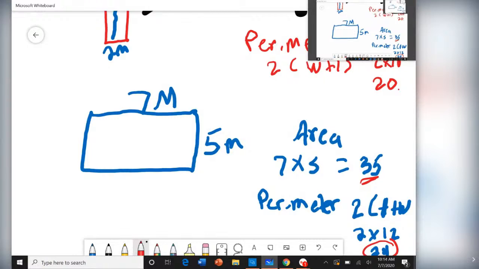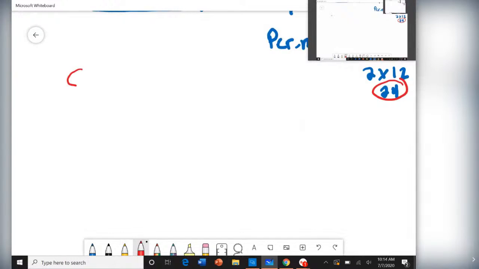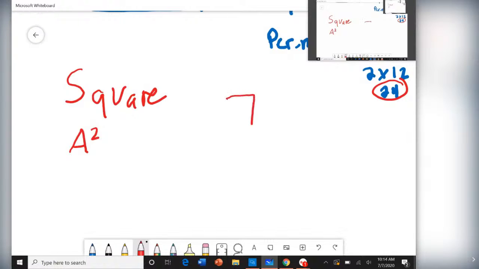Okay, so I want to go back and go over these formulas again with you guys. So for a square, and that's when all four sides are the same, the area is going to be a square. So it's one side times another side. So for this square right here, if it's 4 and 4, I know it's not a perfect square, but you get the idea.